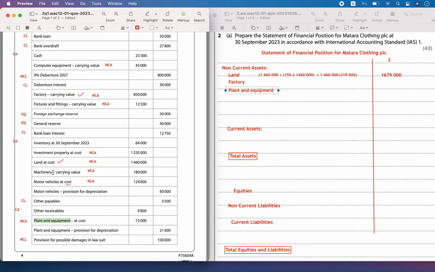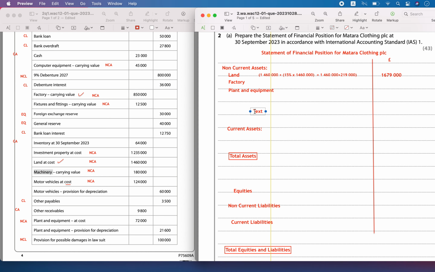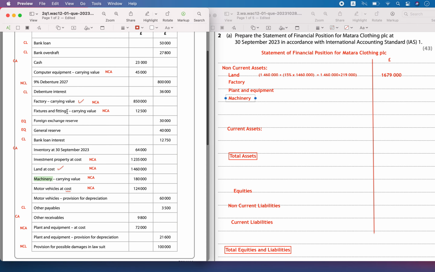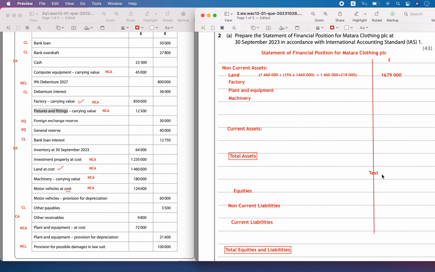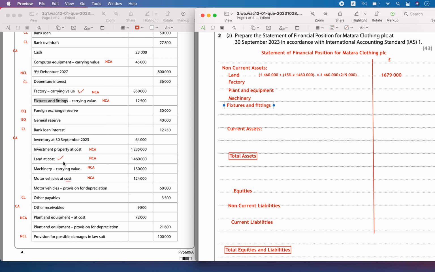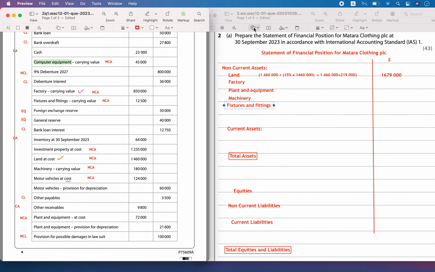Then the next one is the machinery. Okay, machinery at its carrying value. Then you have the fixtures and fittings. Then you have the computer equipment.